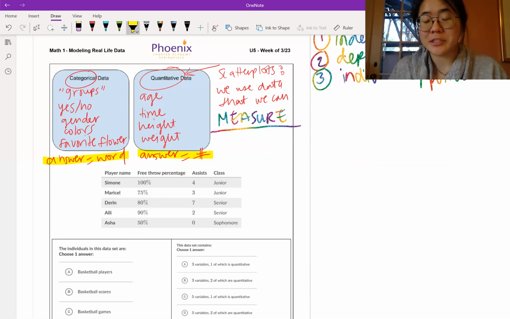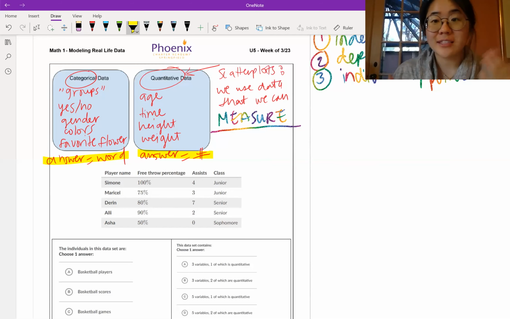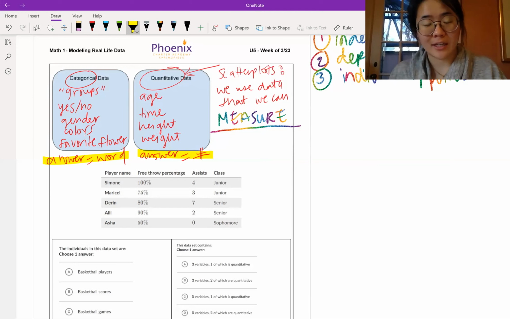You say, my age is 102 years old, then that's a number, right? So that's quantitative. But if I ask, what's your favorite month? And I said October, that is a word. So that's categorical. That's a type of thing. Months is a group of things, right? So keep that in mind.